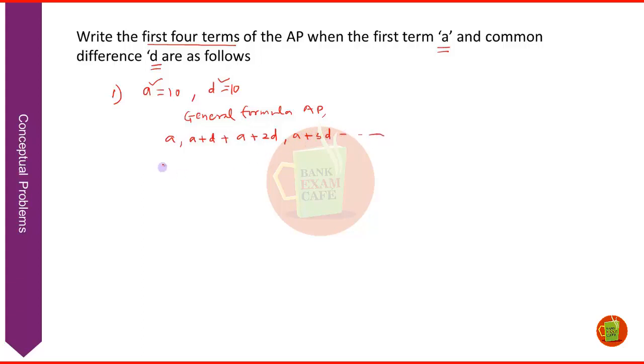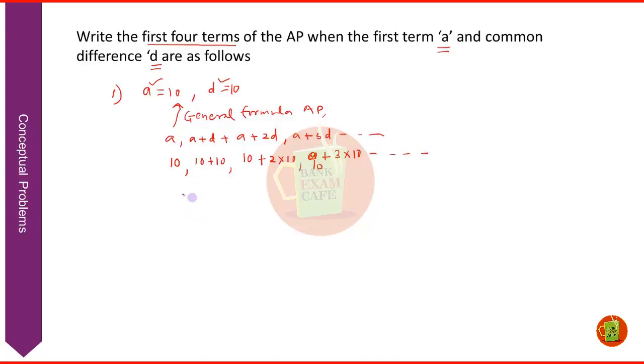So here A is the first term and it is given as 10, so it will be 10. Then the common difference is 10 and A is 10, so it will be 10 plus 10. Then here A is 10 plus 2 multiplied by D, which is also 10. Then A plus 3 into 10, here A is 10, and so on.